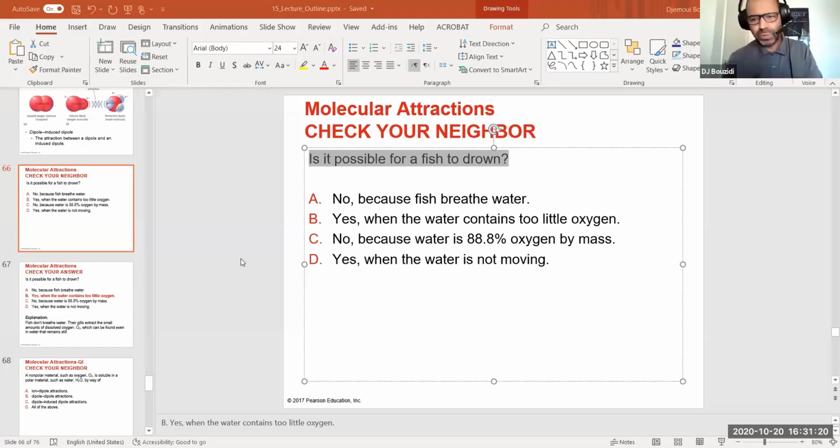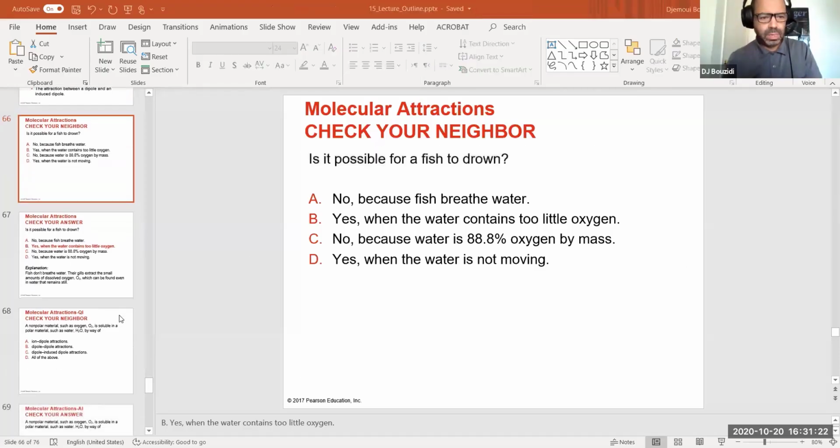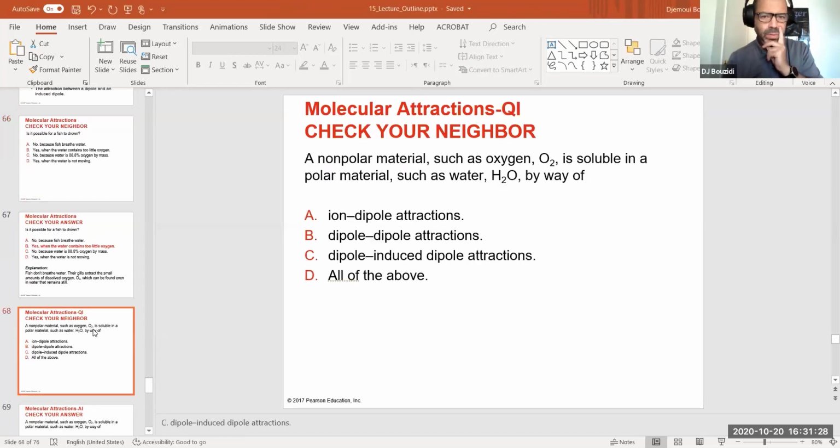We have 3 questions for the day today, and we have about 15 minutes to finish these. Again, we just answered it. Non-polar materials such as O2 are soluble in polar materials such as water by way of dipole and induced dipole attraction.